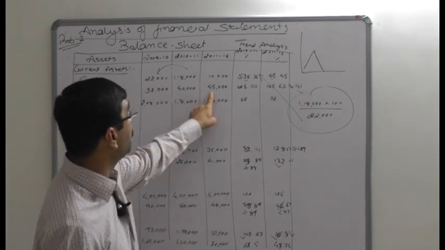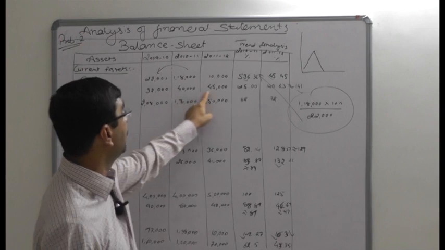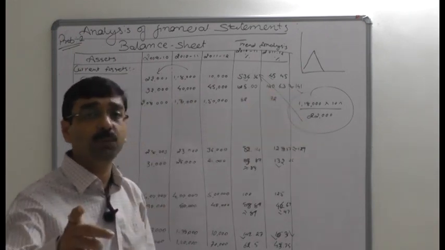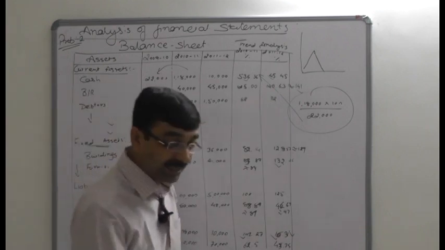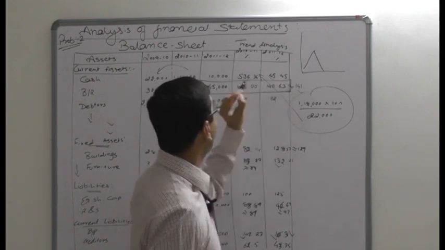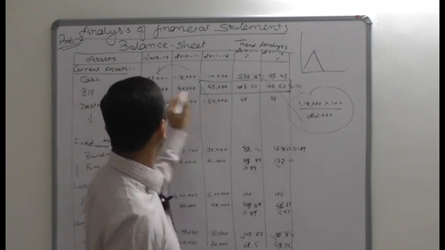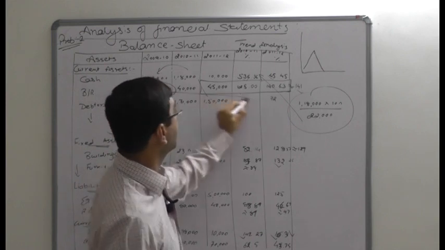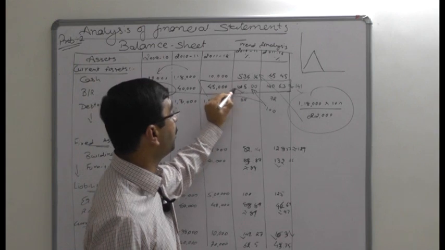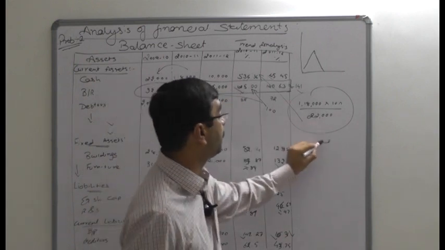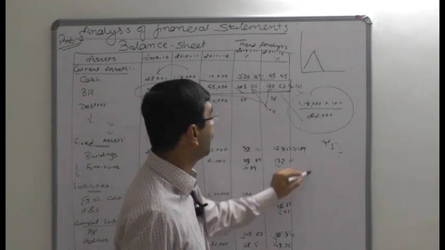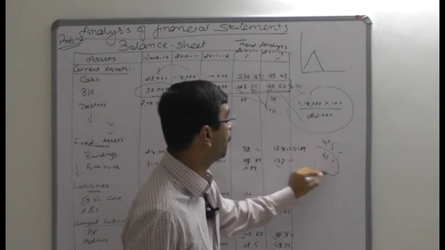In the next year, if you compare with the base year, you find 140.63, which is very close to 141%. So in this particular case, the trend is that in 2009-10 it is 100%, in 2010-11 it comes to 125%, which means it increased 25%, and in 2011-12 it increased almost 41%.